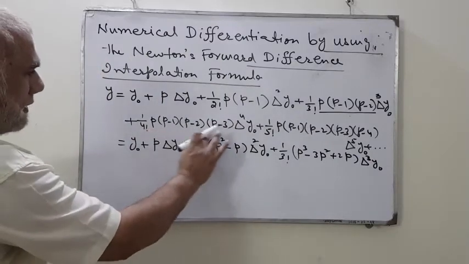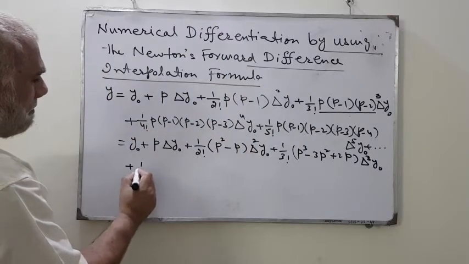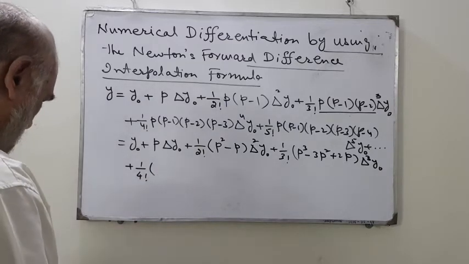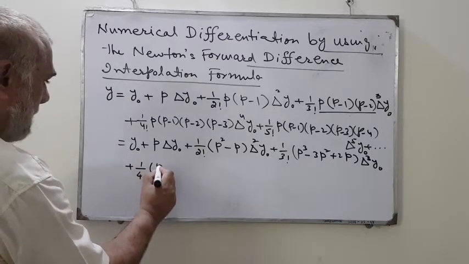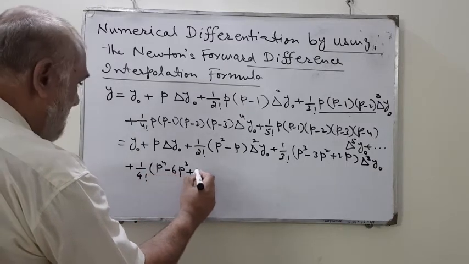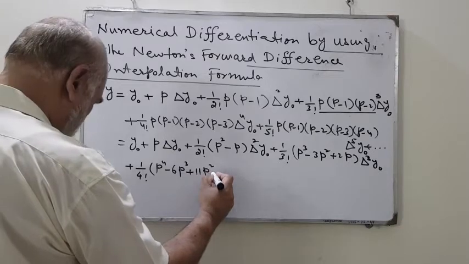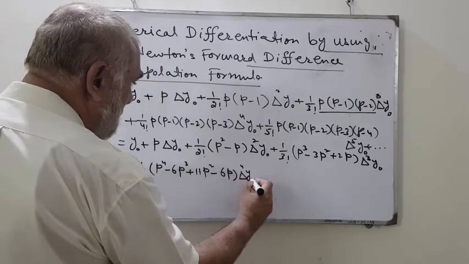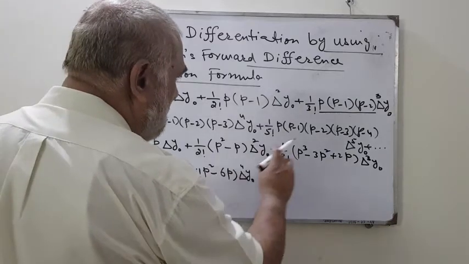Similarly, the product of these four terms gives you plus 1 by 4 factorial into p4 minus 6p cube plus 11p square minus 6p and then delta 4y0, and the last term is over here.